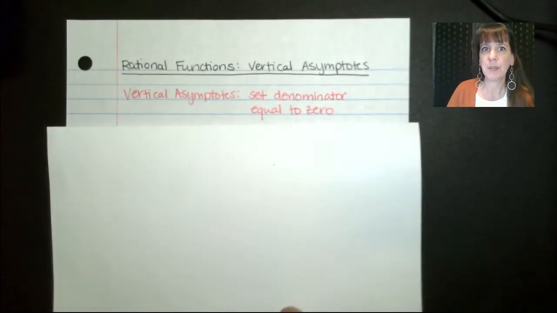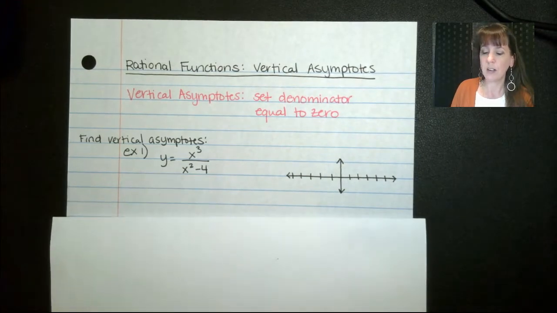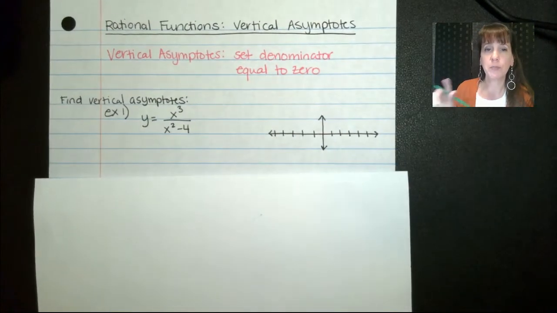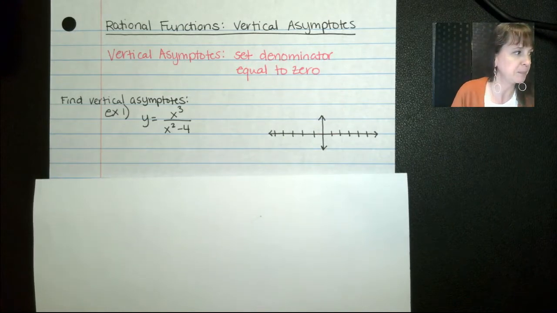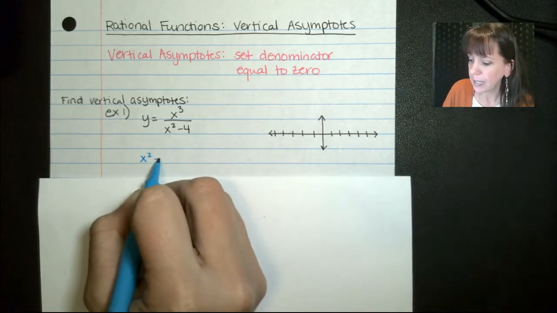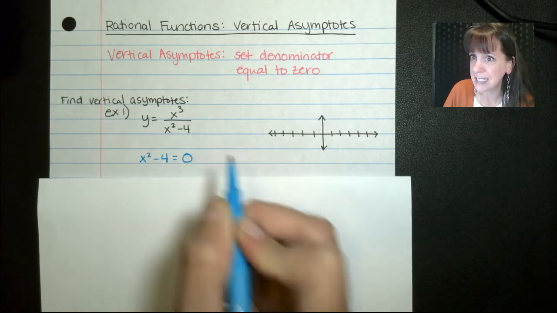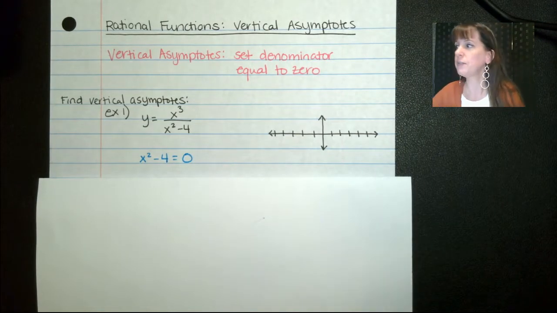So let's take a peek at our first question here. Find our vertical asymptotes, y equals all this garbage here. So here's what you do. You want to set your denominator equal to 0. So x squared minus 4 equals 0, right? Now all I have to do is solve for x.